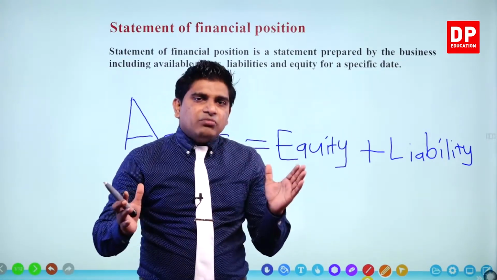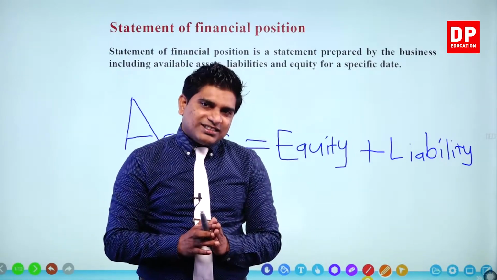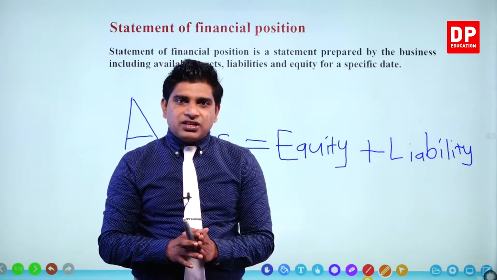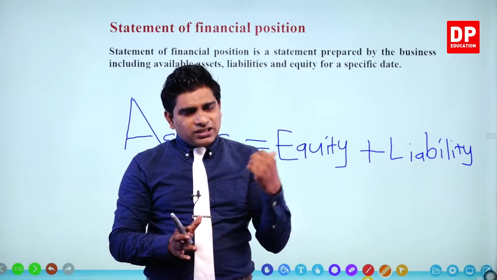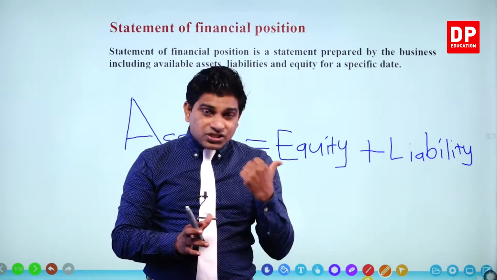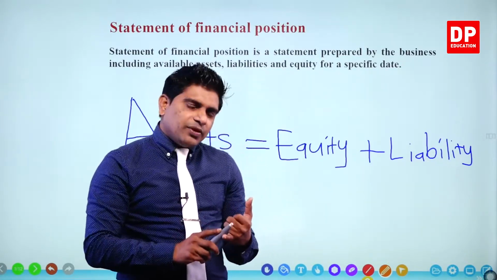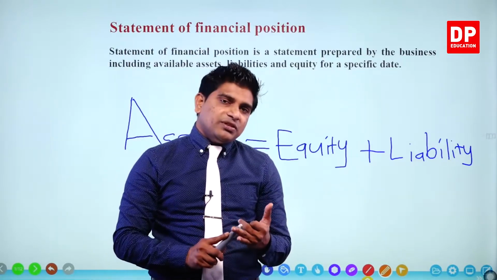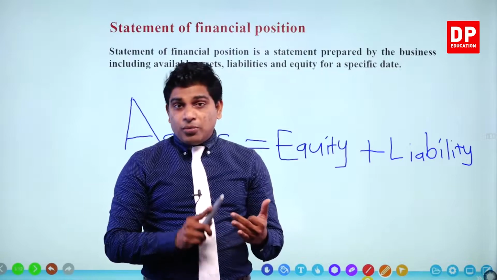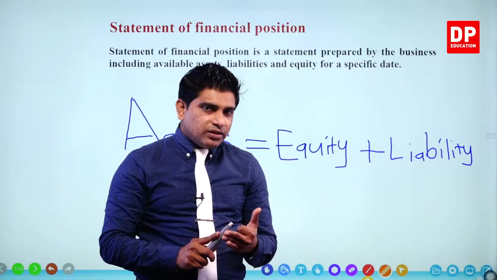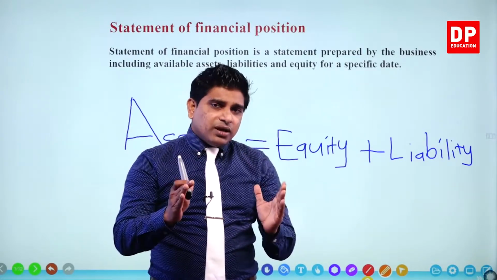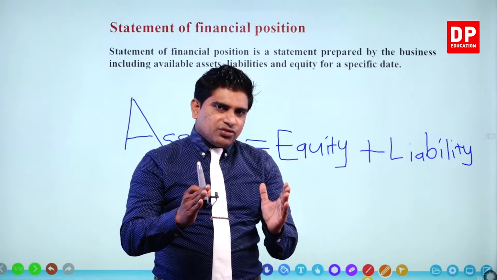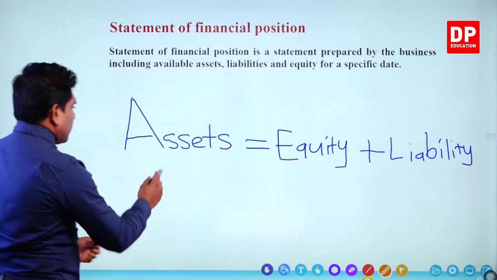It's like a statement, so that's why we say statement of financial position. Actually, it shows the available assets of the business, the value of the assets, how much the equity of the business is, and how much the liabilities of the business are. But remember, not just assets, we classify all the assets into two categories.